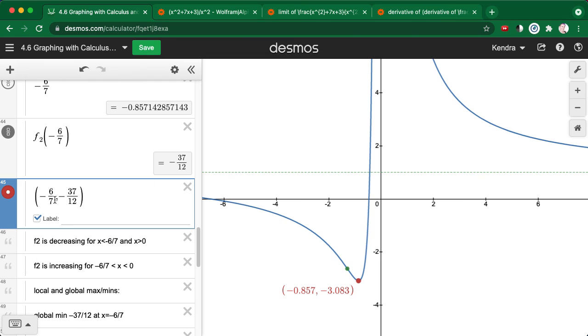Unfortunately, Desmos doesn't label with fractions. If I wanted to, I could copy this, which would copy the math formatting, and put that between two back quotes, which are usually above your left tab. So there it is. I'll copy this whole thing and paste it here.